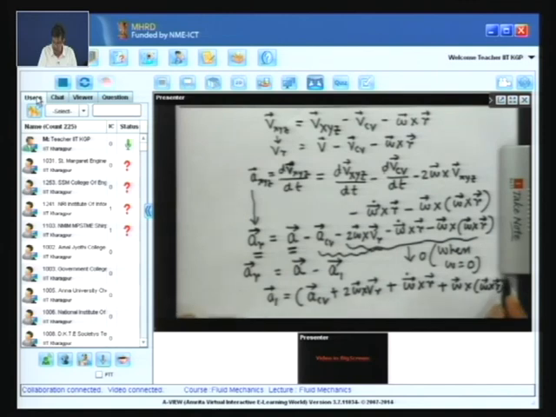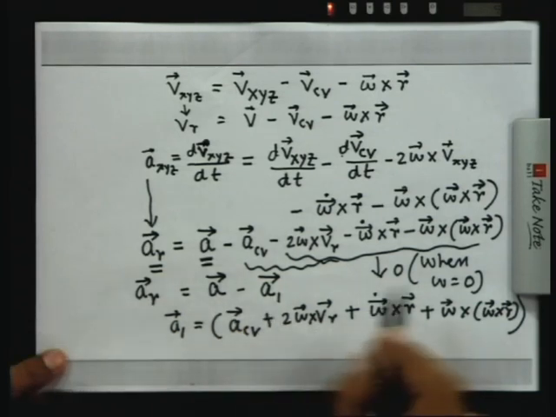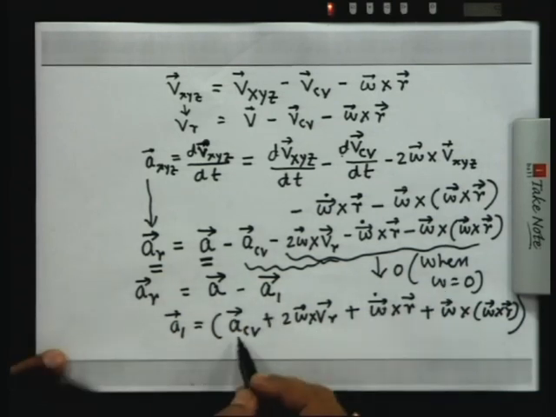This is A1, then A_R is A minus A1. When omega is 0, this A1 reduces to simply the acceleration of the control volume.